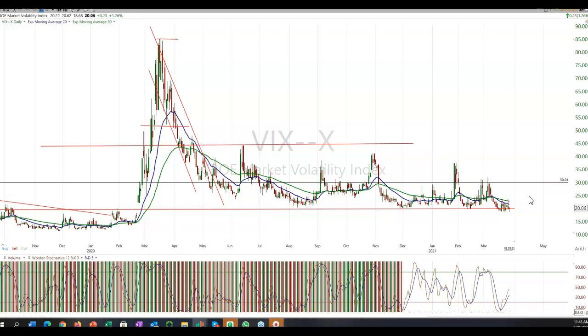But I don't think it correlates that 20 means that we're overbought. I believe that under 20 means we're really bullish. And if it gets down to 10, then it's going to be overbought. But until it does, this is not an indicator to decide whether the market is overbought or oversold. I think you have to watch the McClellan oscillator to give you a better idea if you're overbought or oversold.